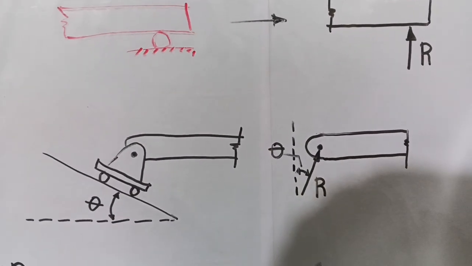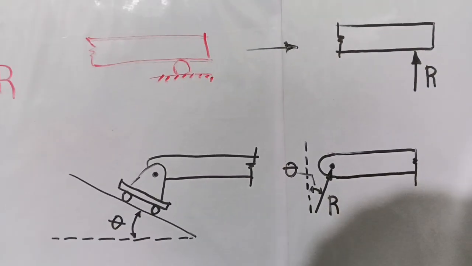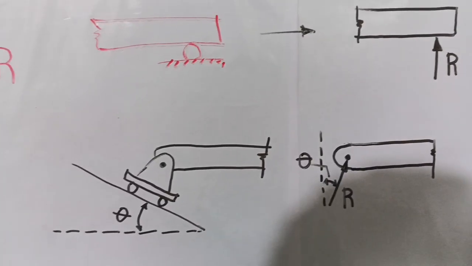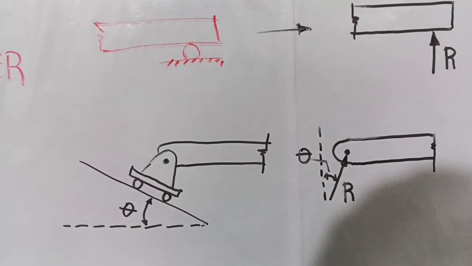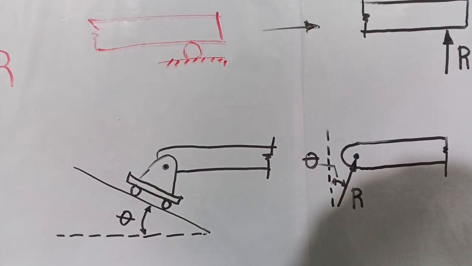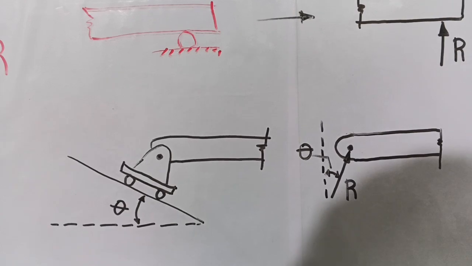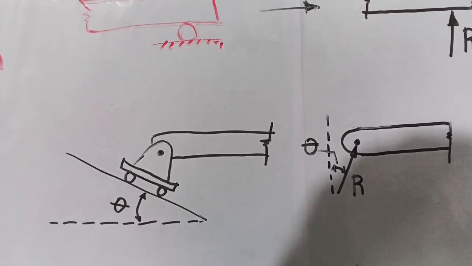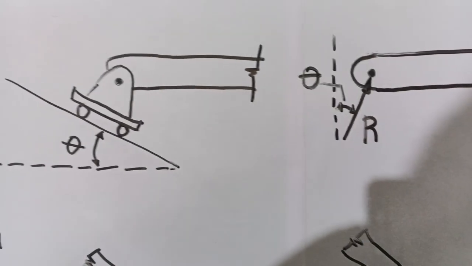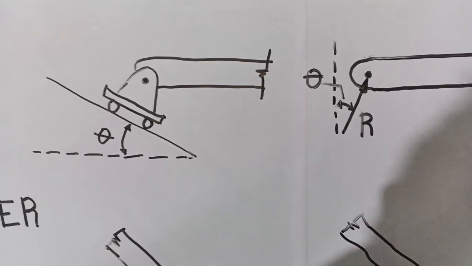So, sa baba, meron tayong example dyan. Okay, like I said, it's not always vertical. It's just perpendicular to the supporting surface. So, yung example natin sa baba, may supporting surface tayo that is inclined. Okay, so kaya meron lang tayong given lagi na angle. Because we need to use the angle in order for us to transform our reaction into its components, ano?